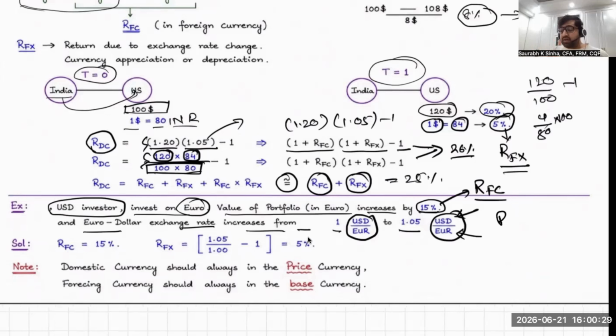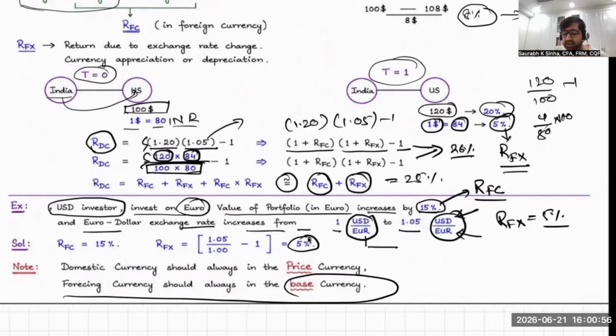So, RFX is equal to 5%, you can directly use it. You can directly use it because it is telling you directly that euro has appreciated by 5%. That's perfect. So RFX is 5%. But it is only true if the quotation is that the foreign currency is in base currency and the domestic currency is in the price currency.